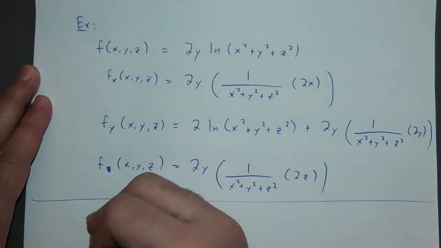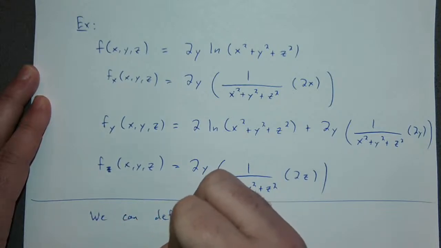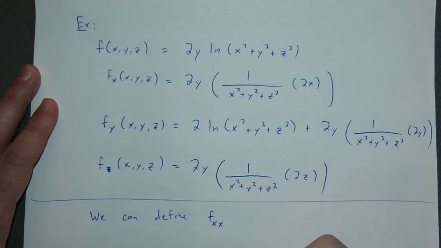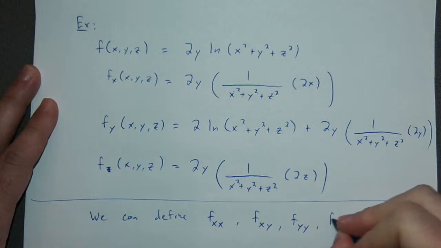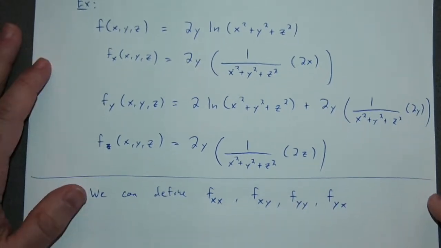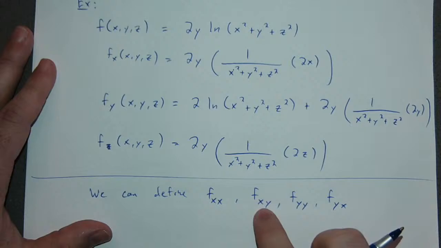Okay, and so we can continue this process. So we can define f sub xx, f sub xy, f sub yy, f sub yx. Okay, what are these things? Your textbook defines the order differently than I do, I think.